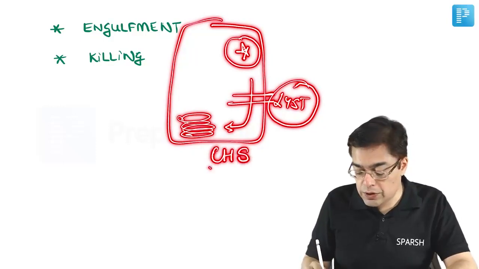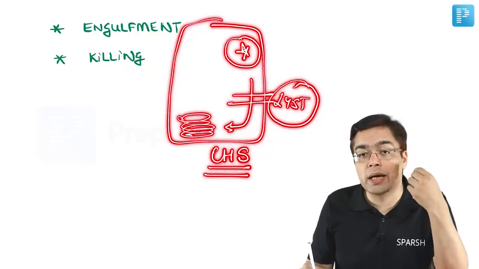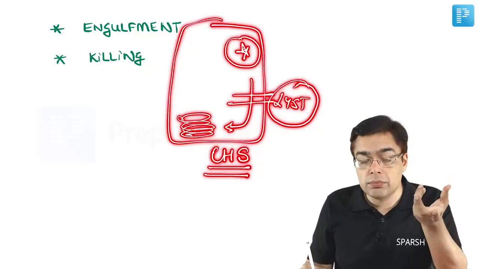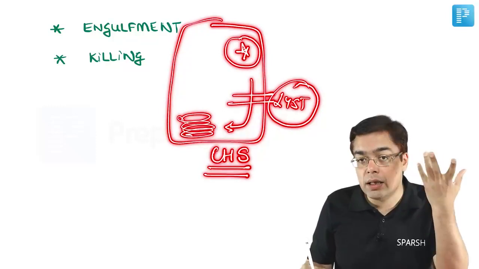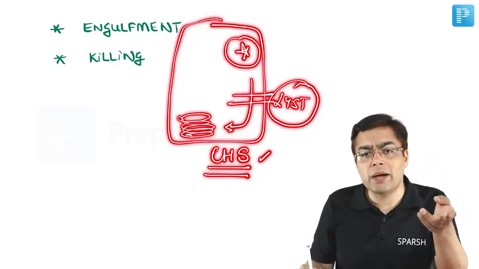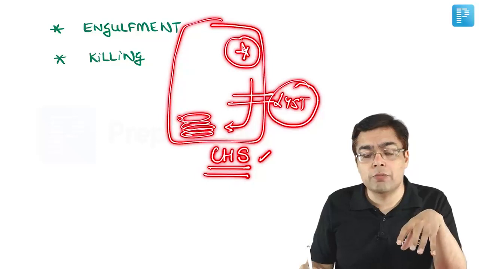The condition I'm referring to is Chediak-Higashi syndrome. I showed you the picture of a guy, usually a boy, who has albinism: the absence of melanin pigmentation on the skin as well as the hair. He has a history of repeated attacks of infections. He would have platelet defects.